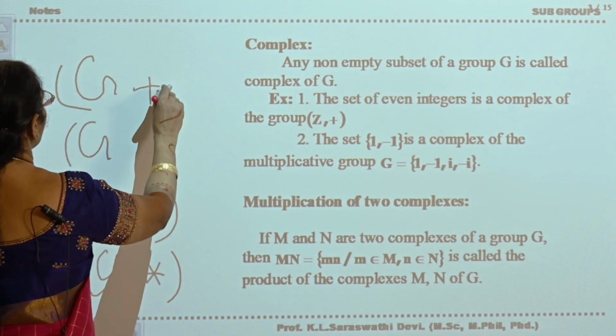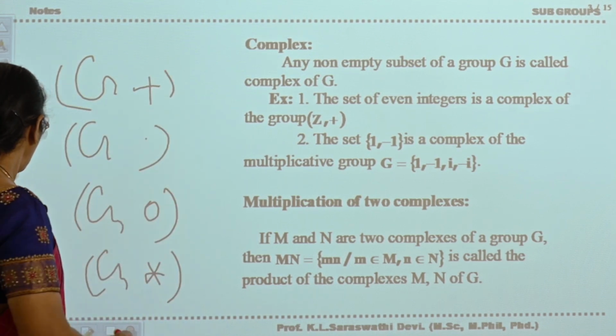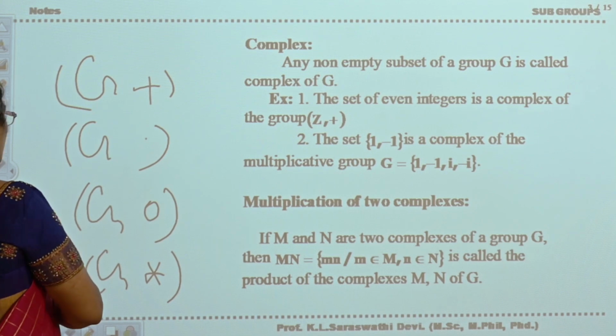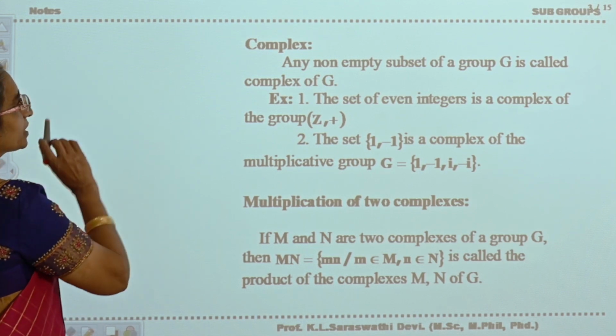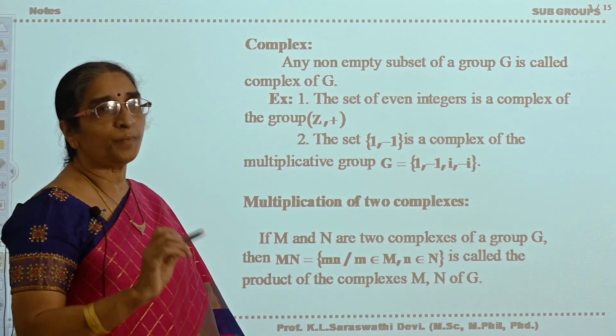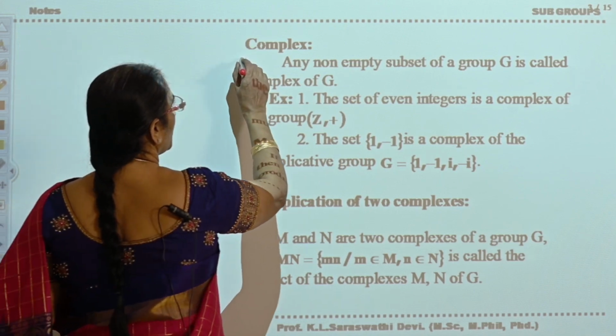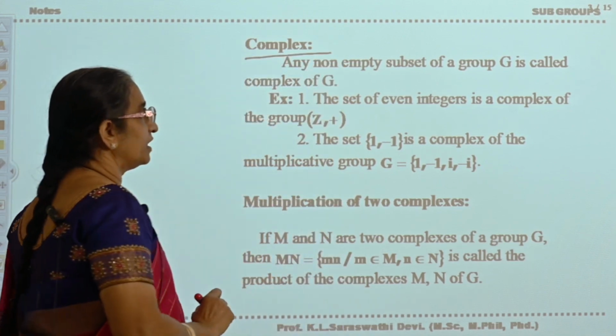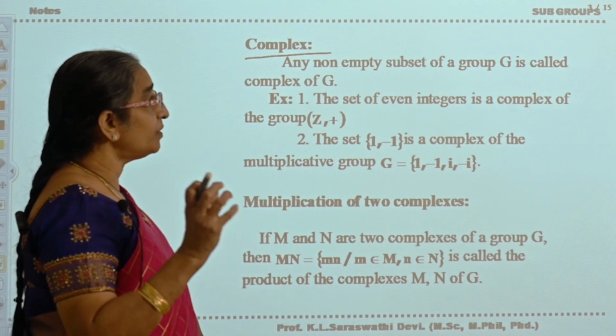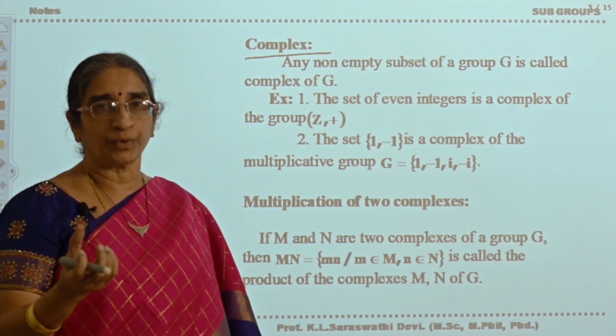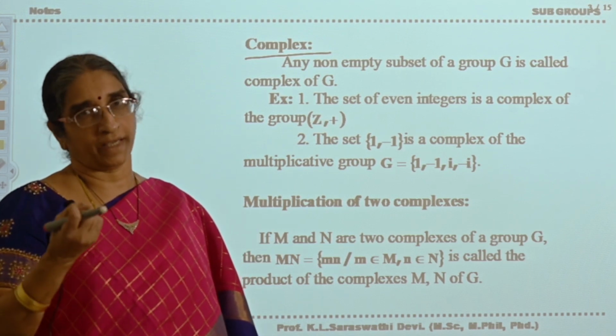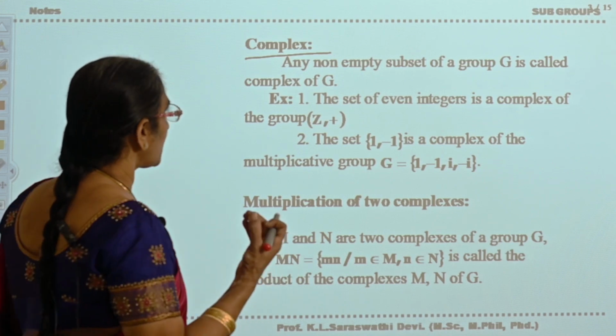Like this, G may be any group. Now any non-empty subset of this group is called a complex of the group. What is a complex? Any non-empty subset of a group is said to be a complex.